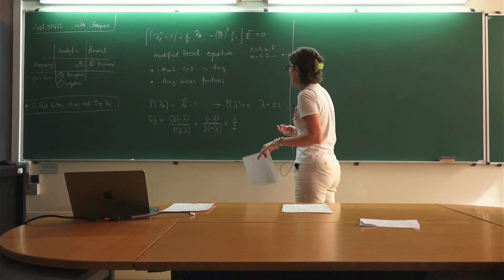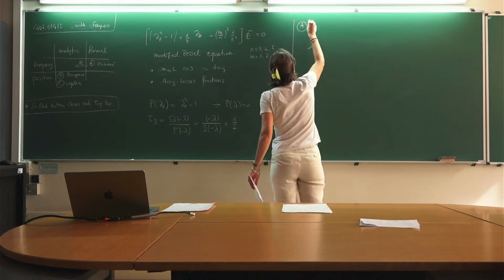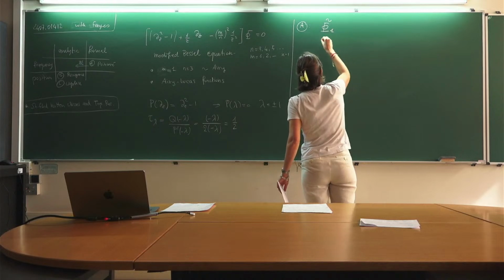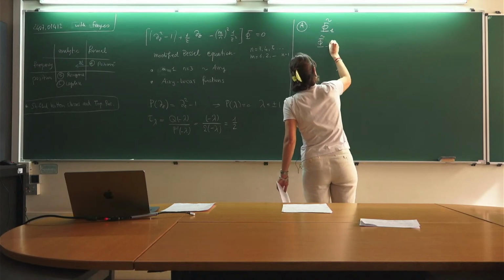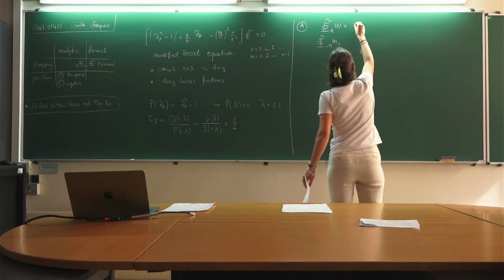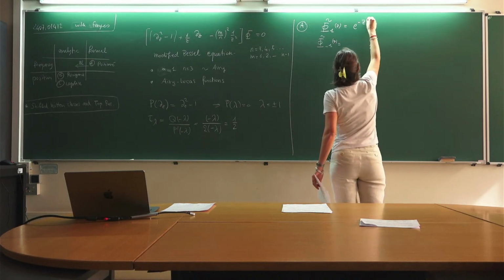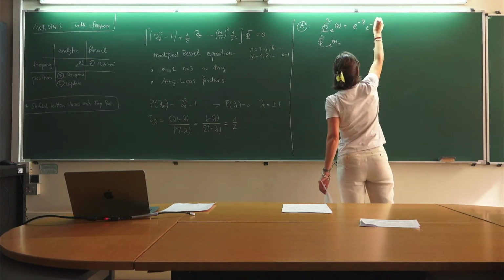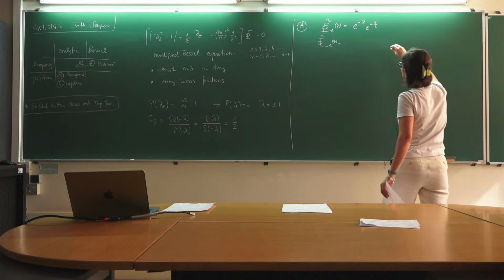And what the Poincaré algorithm tells us is that we will have two solutions, the 1 and the minus 1. So here you have e to the minus lambda z, and z to the minus tau, which is minus 1/2.